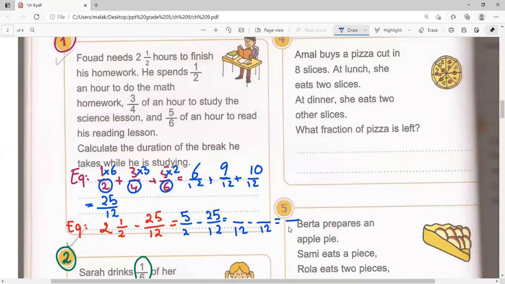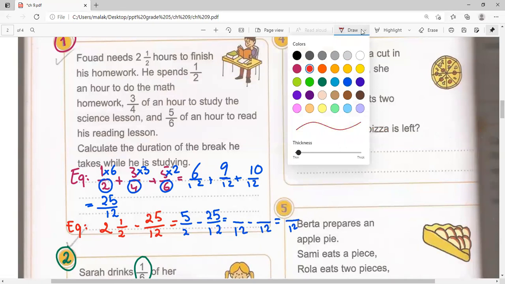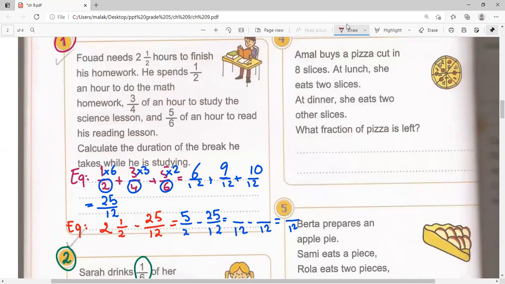Which number in table 2 gives us 12? 6. Okay. And here it's 1. 5 times 6, how much? 30. 30 minus 25, it's 5.